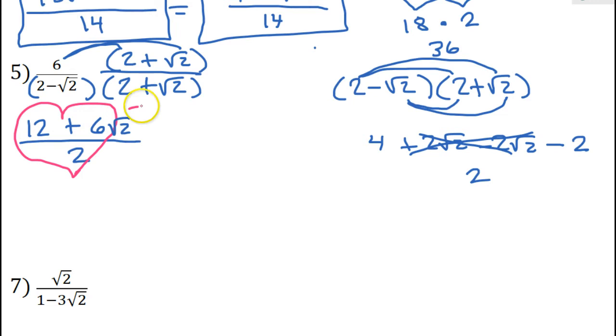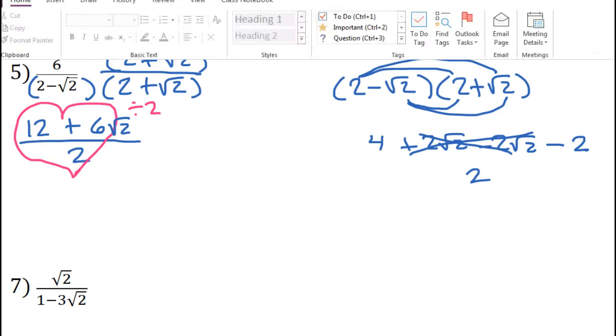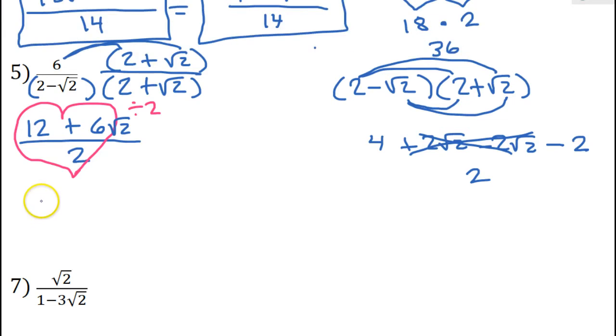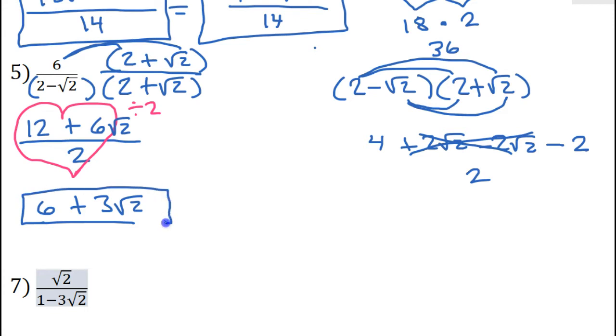They're all even. So we need to divide these three numbers by 2. And if I do that, I'm going to get 6 and 3 and 1. But of course, we don't need the 1 when it's in the denominator. Okay, so your final answer will just be 6 plus 3 radical 2.